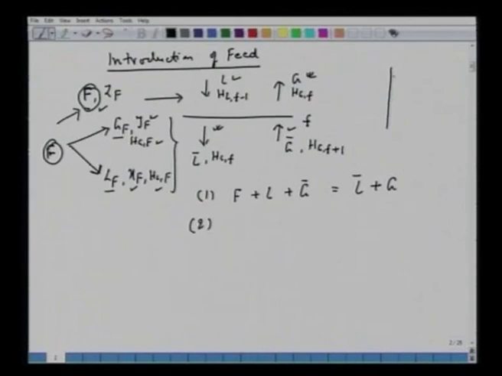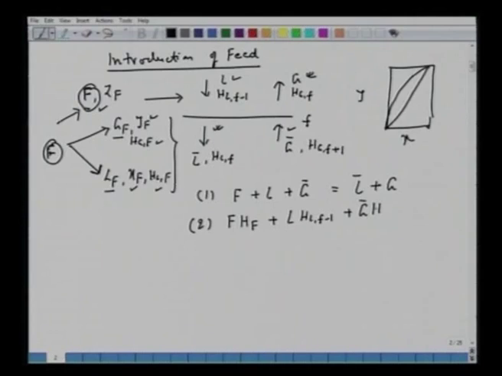Otherwise, our discussion for McCabe-Thiele method is almost complete with Y versus X diagram. This is the only place where we make this energy balance. Okay, so let's write it. F, we have HF plus L, HL, F minus 1 plus G bar, H, G, F plus 1.